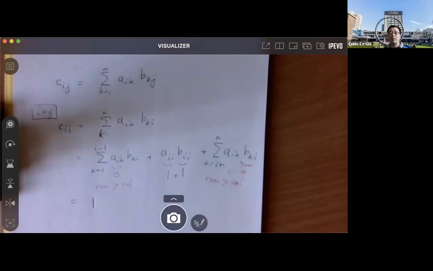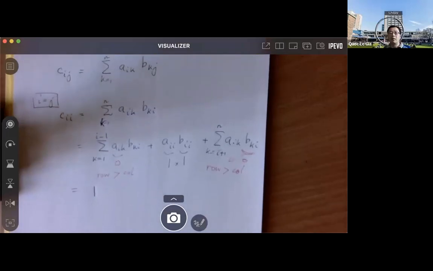So now everything is okay for I equal J, yeah? Audio corruption. Somebody is making some noise in the corridor.